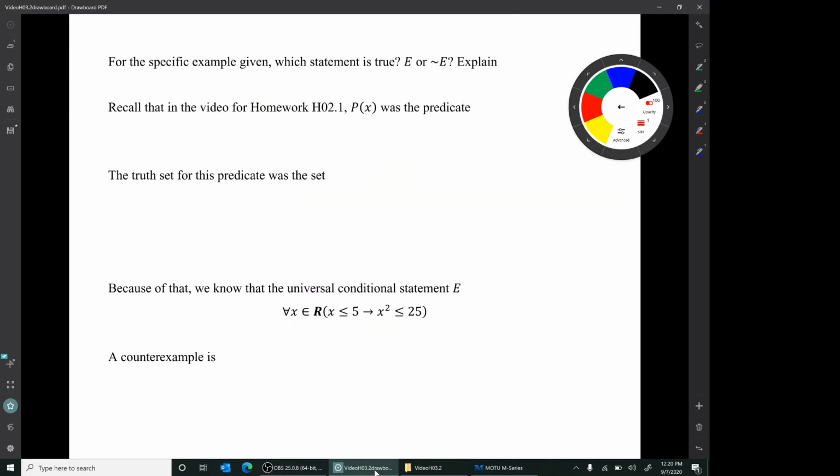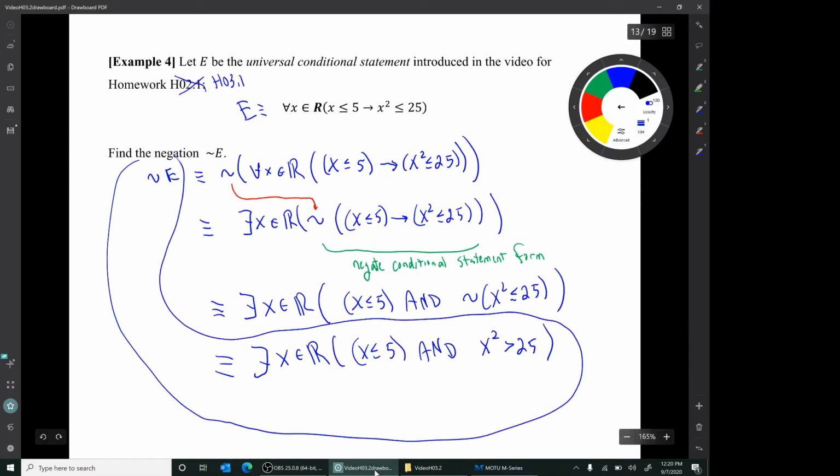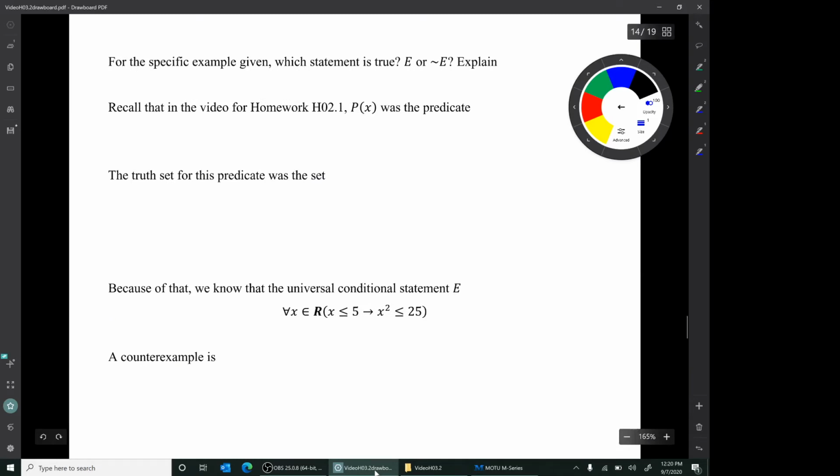Now, for this example, which statement is true, E or not E? And explain. So here is statement E, and down here is statement not E. Well, remember that in the video for homework, 3.1, the predicate p of x was this predicate.